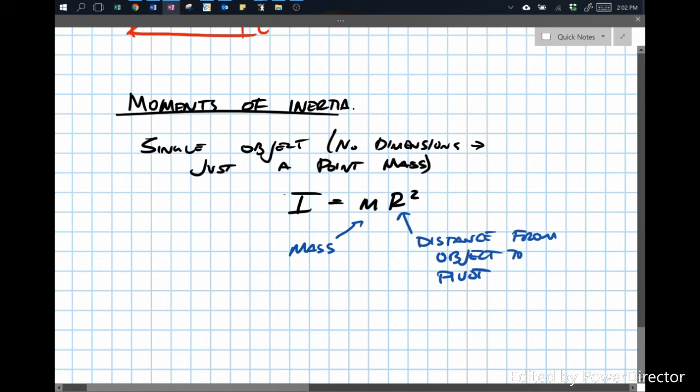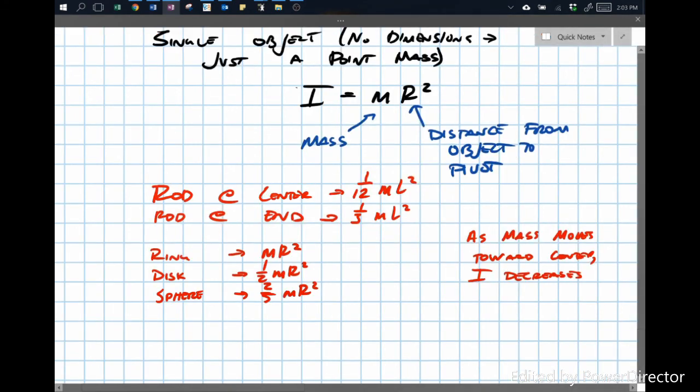And then the overall trend with all of this is that as mass moves towards the center, I decreases. Everybody good there? The more mass gets closer to the center, the smaller our rotational inertia is going to be.